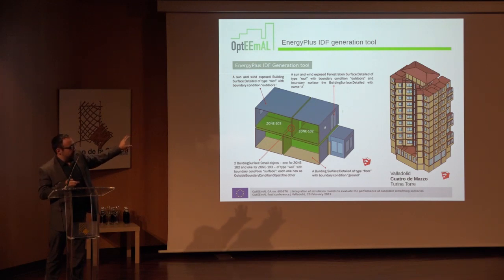And as you can see, every surface is characterized according to its role in the thermal simulations. Either they are slabs or roofs or partitions among building spaces. All of them are characterized and are inserted into the input data file for Energy Plus. This process is wholly automated.